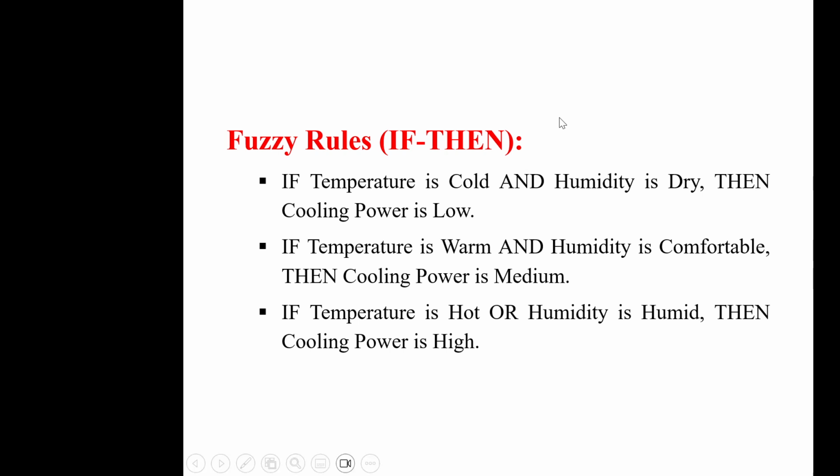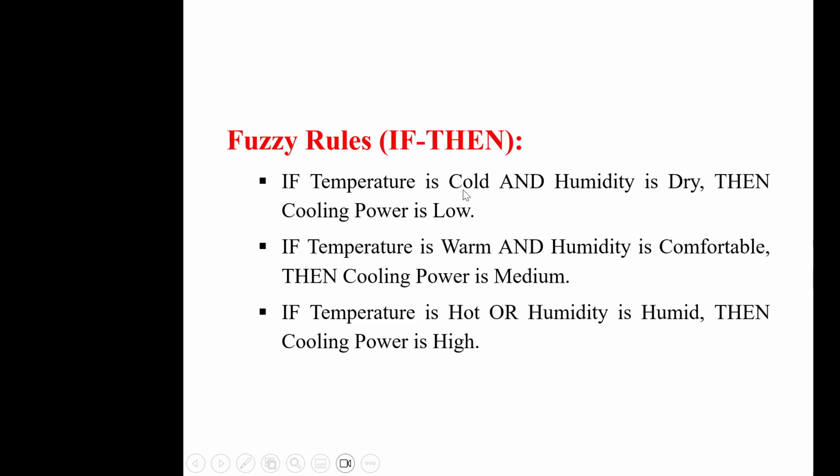The consequence happens to be the product of the antecedents. So here, one thing you need to look at is the logic that you use to combine the two antecedents here.